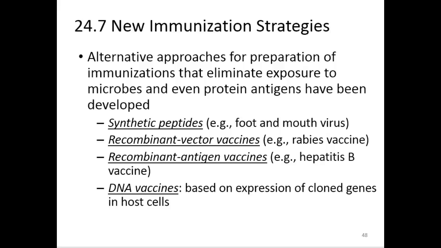Besides just using attenuated vaccine or dead viruses, there are different approaches. A lot of this research is being done because of certain viruses like HIV, and new immunogens are being developed through all sorts of genetic engineering.